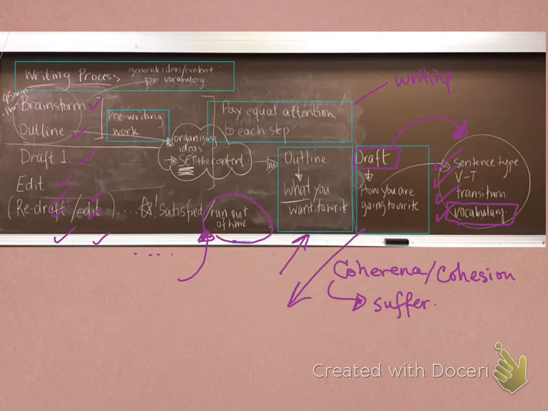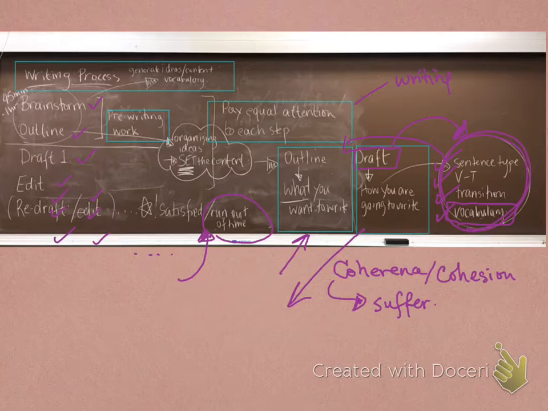When you think about all of those things while you're drafting, you don't want to be thinking about all of this while you're also trying to decide, oh my goodness, what am I saying in this essay? Okay, you want to keep those things separate for yourself and make it a little bit easier.